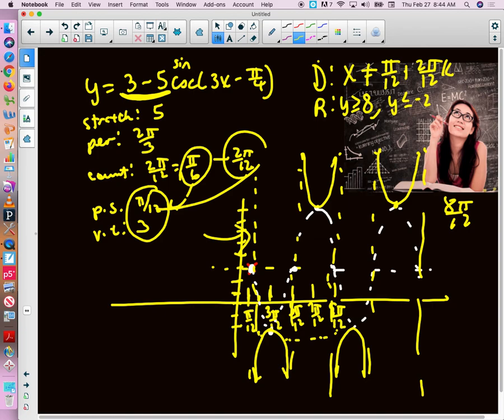Hey girls, if this were a sine graph, what would you say the amplitude is? 5 or -5? The amplitude would be 5. Amplitude is how far it's varying from the norm. It's a distance, okay? The sine makes you go a certain direction.